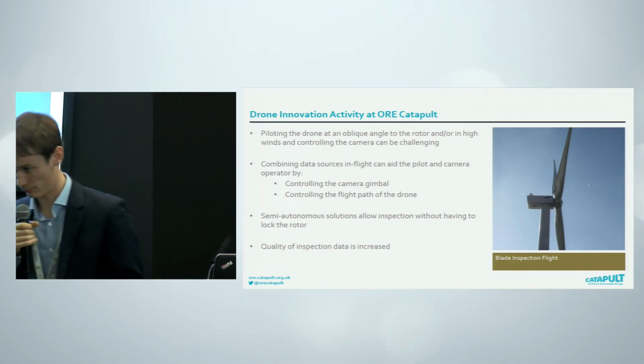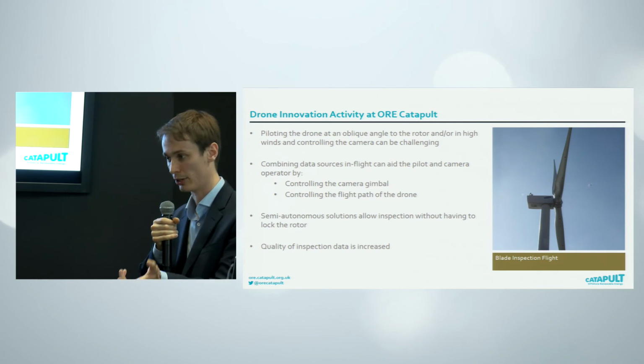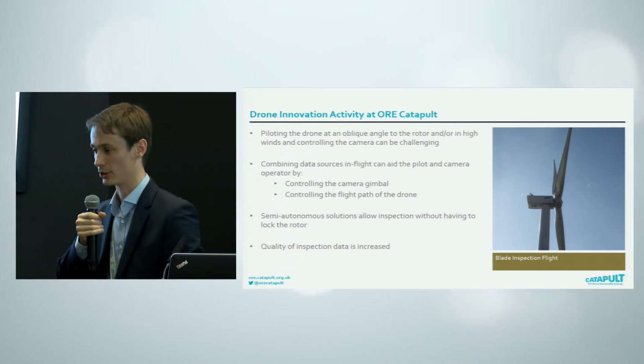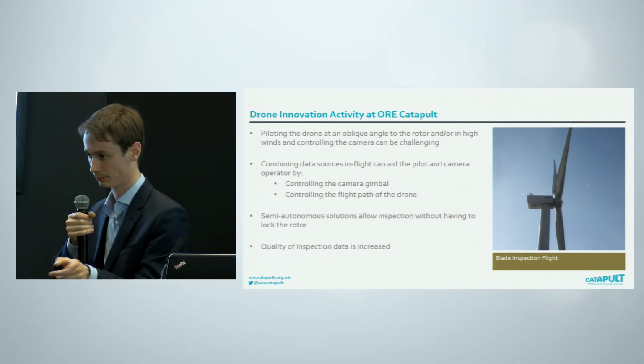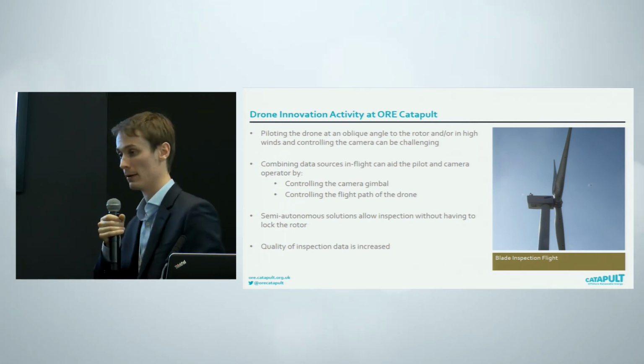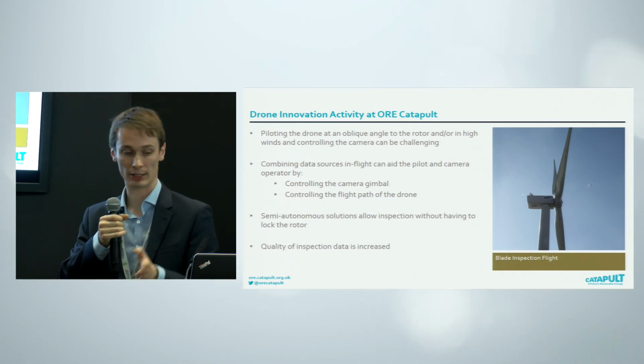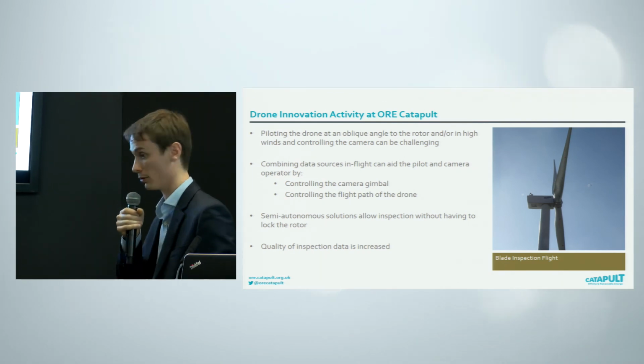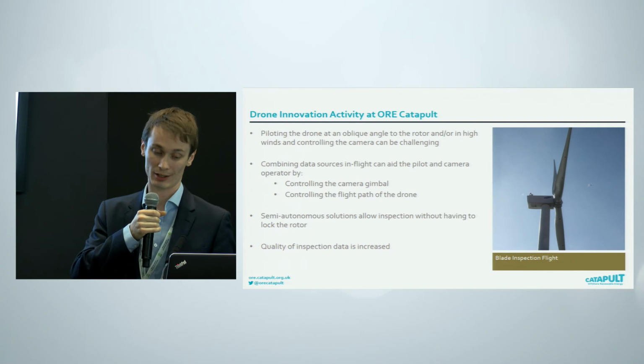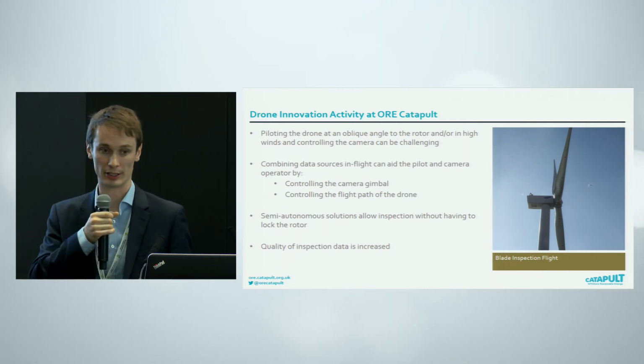You can see on the right-hand drone there, the camera hanging down can move 360 degrees in both planes. If you could just fly the drone by itself, and the camera will aim itself at the blade and get all the photos you need, that would improve the quality of the data we get.